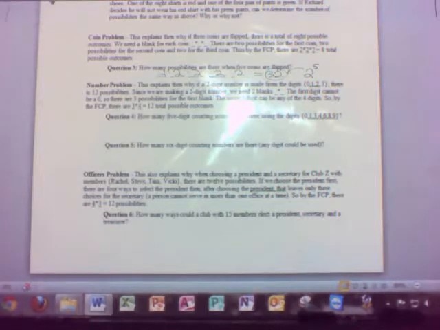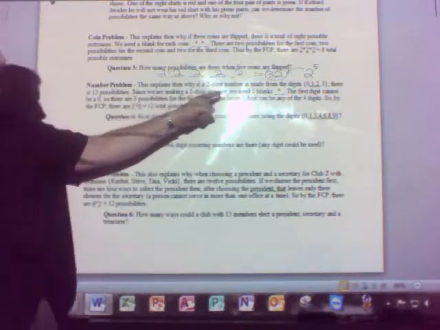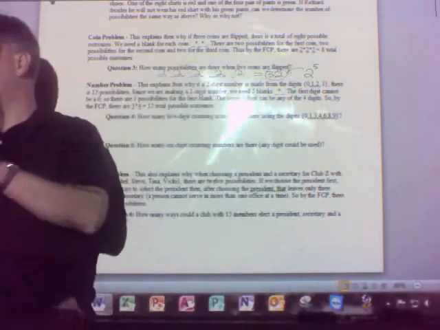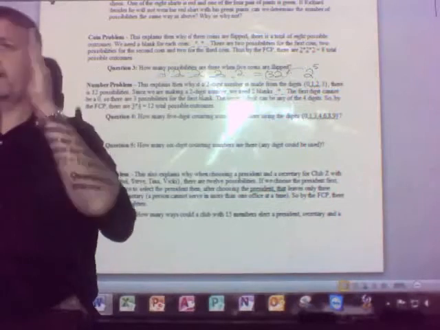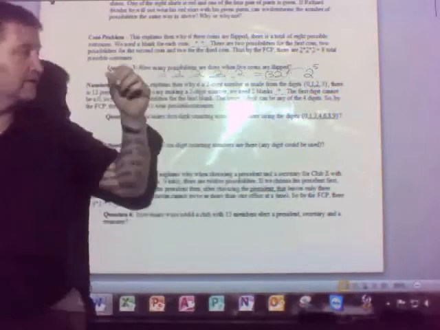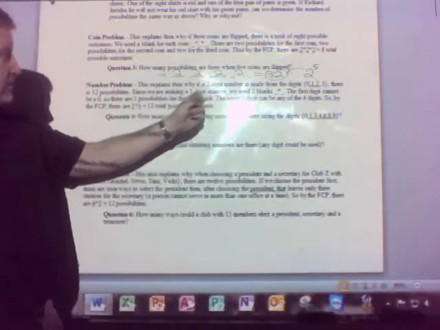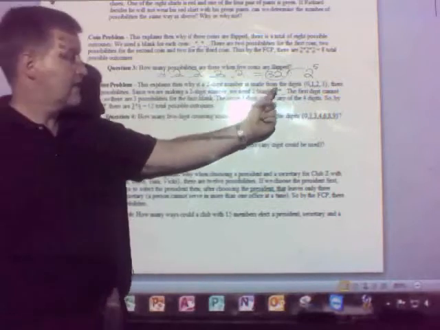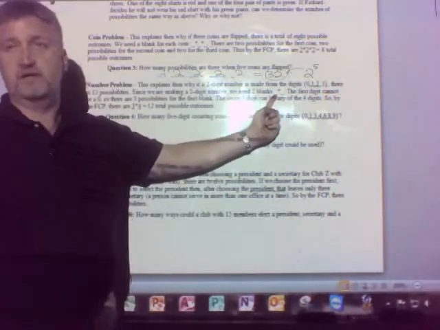This also explains why if a 2-digit number is made from the digits 0 through 3, we did that problem earlier, right? 2-digit number, 0 through 3, there are 12 possibilities. Since we're making a 2-digit number, we need 2 blanks. So if you're doing how many of every digit number, you do a blank for each digit. Okay? Now, why does it turn out to be 12? Well, how many are there possible for the first blank?